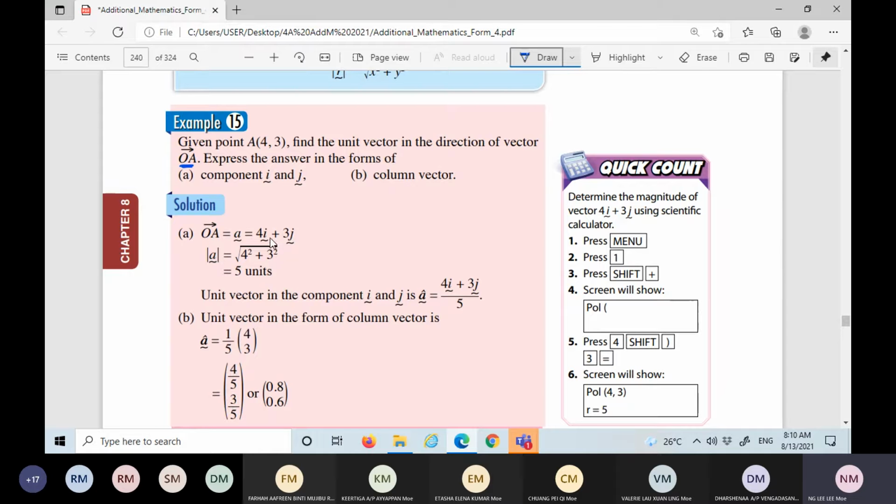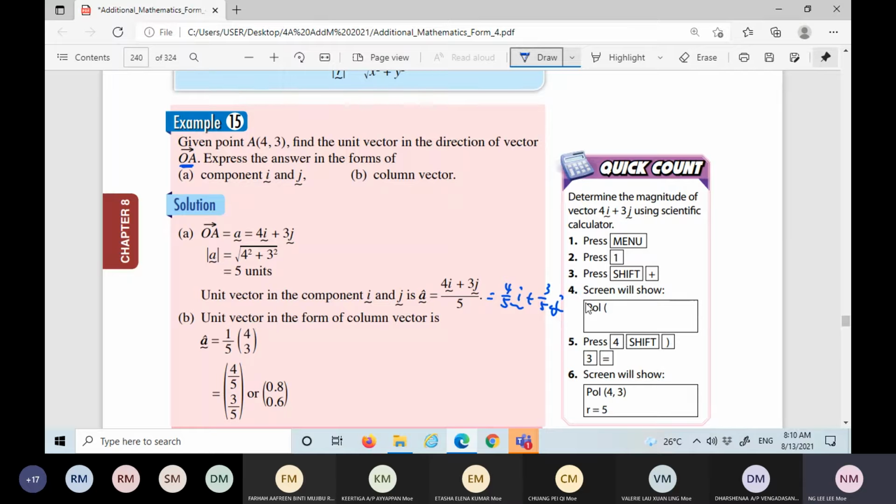So we start with ij. Remember, before you find the unit vector, you have to find the magnitude. The magnitude is the square root of 4 squared plus 3 squared, and you get 5. So just take the vector 4i plus 3j divided by 5. This is a unit vector. You can write it this way, and you also can write 4 over 5 i and 3 over 5 j.